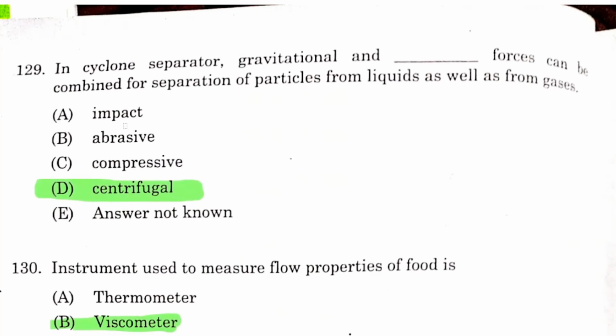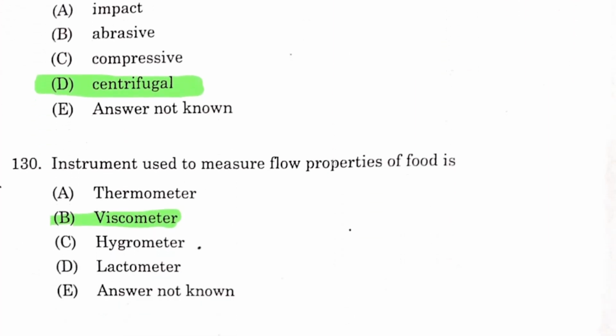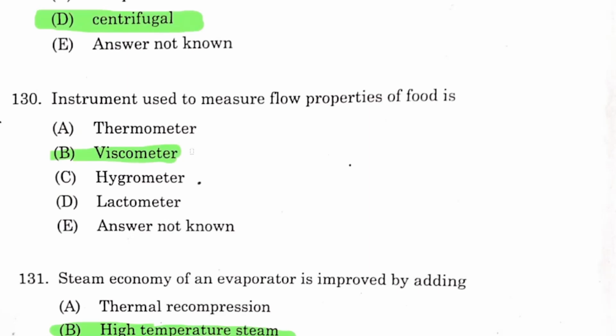In the cyclone separator, gravitational and centrifugal force can be combined for separation of particles from liquids as well as from gases. Next one is an instrument used to measure the properties of food. So viscometer is used to measure properties of the food.